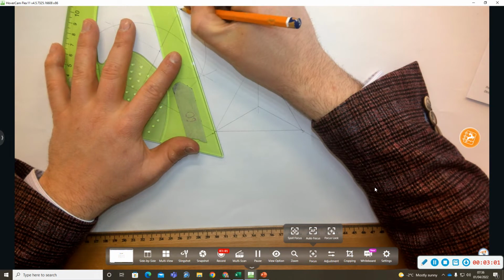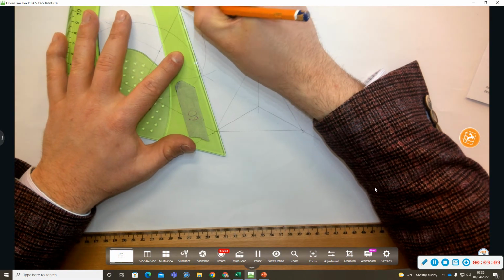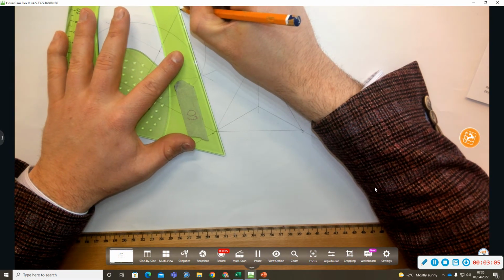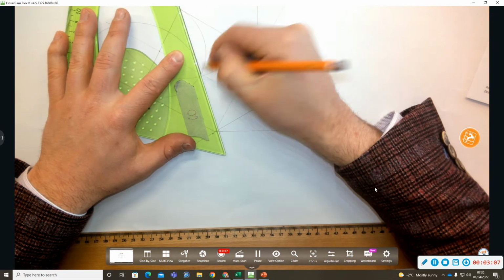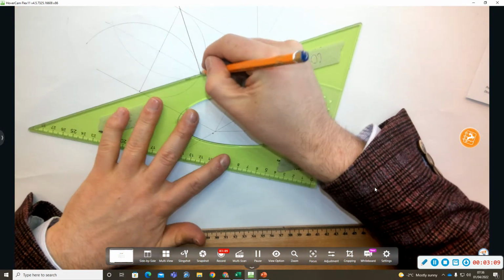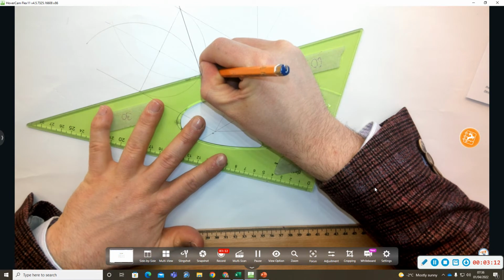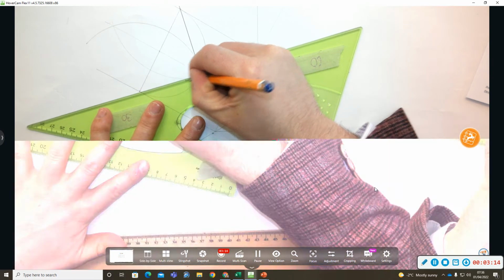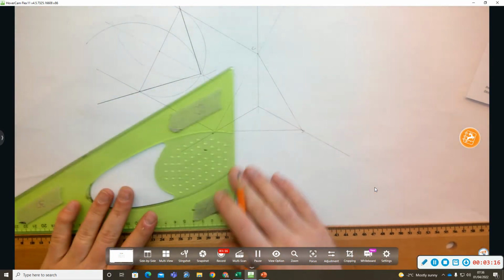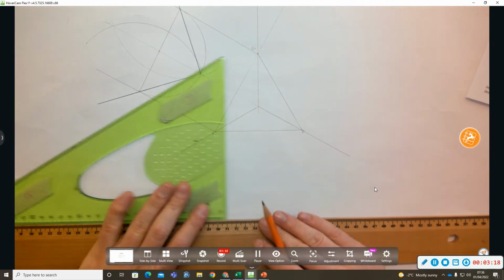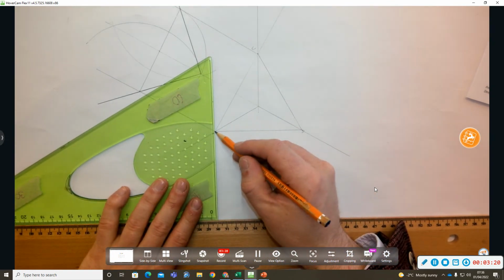We'll set up the views then in their required position. So I'm going to join them together. Right, now I'll set up the plan in its required position. So I'm going to drop down.